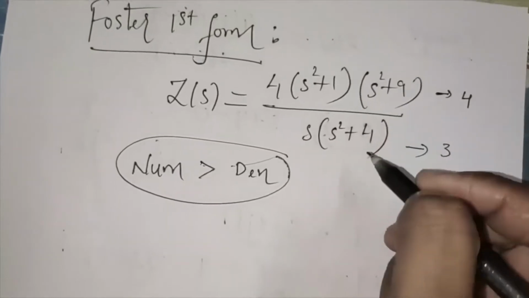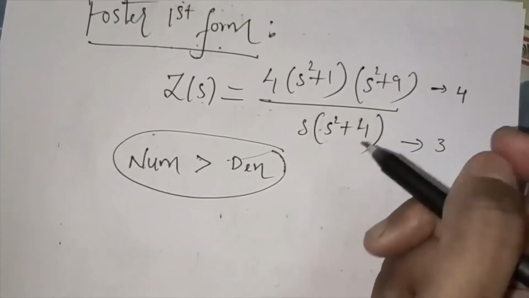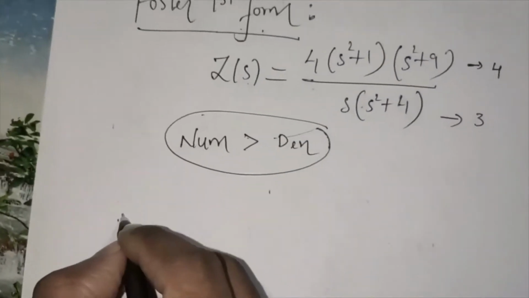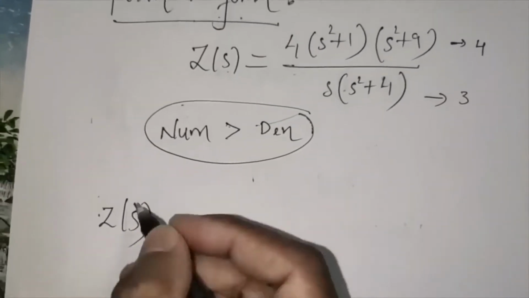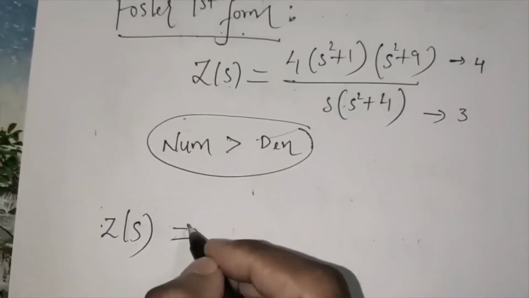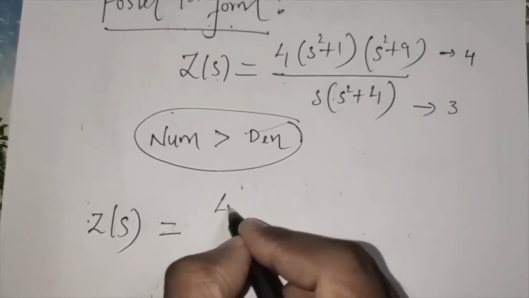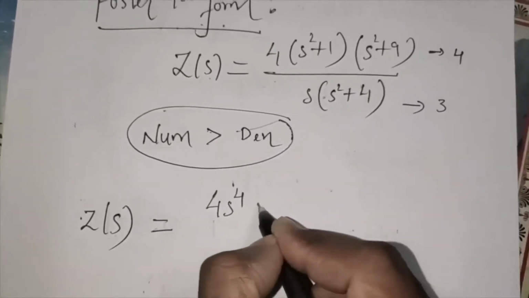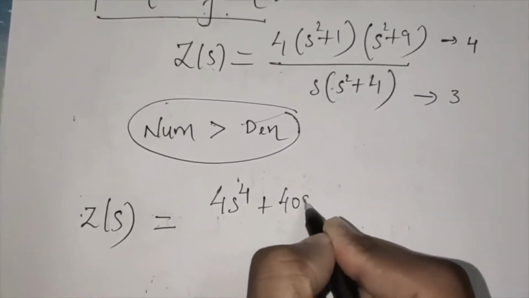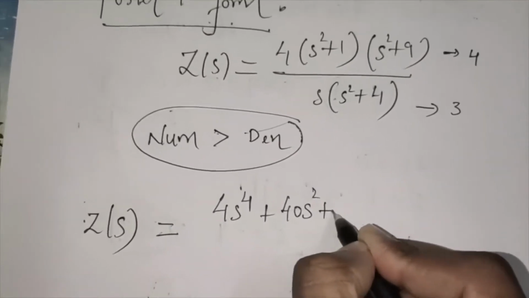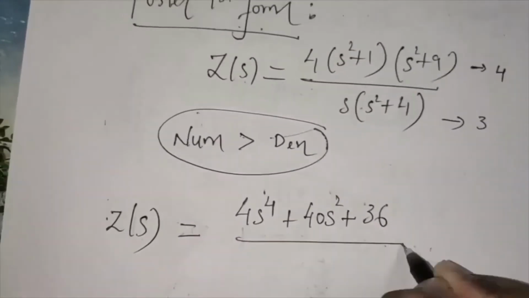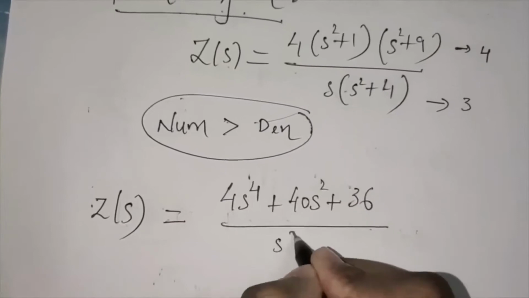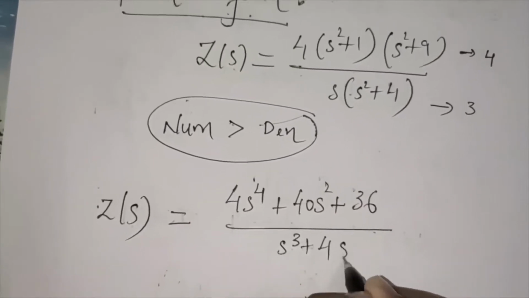dividing the numerator by the denominator once. So if I multiply out both numerator and denominator, I will get 4 into S power 4 plus 40 S squared plus 36 divided by S cube plus 4S.